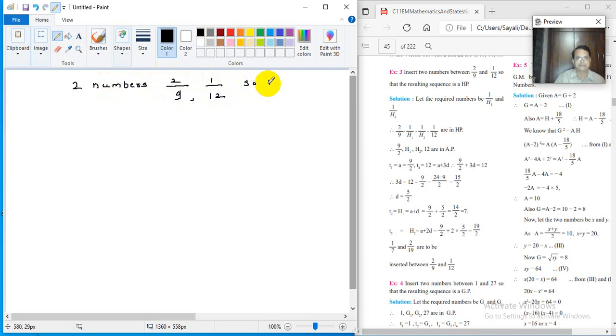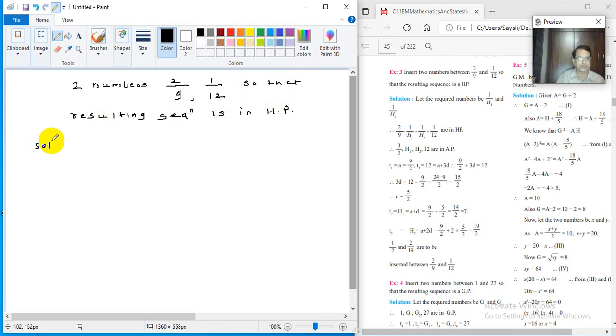So the resulting sequence is in harmonic progression. We know that the reciprocals of a harmonic progression are in arithmetic progression.